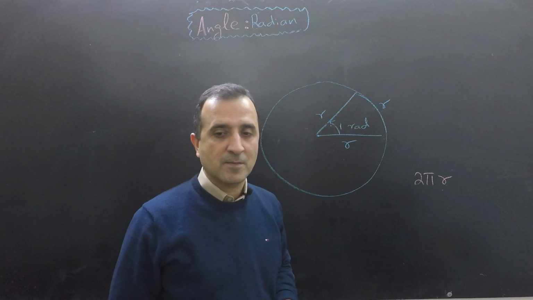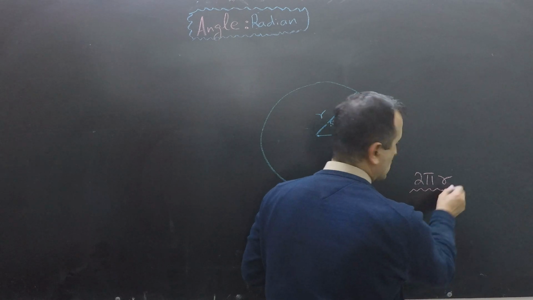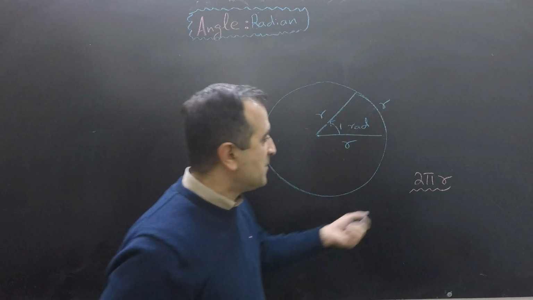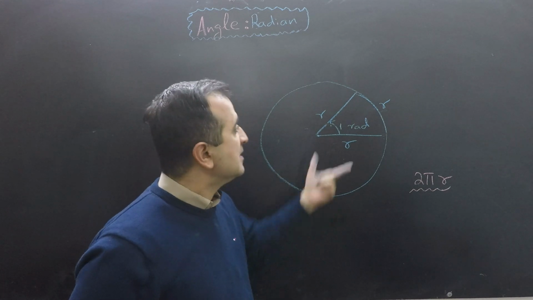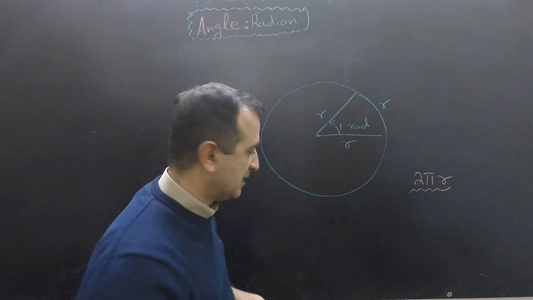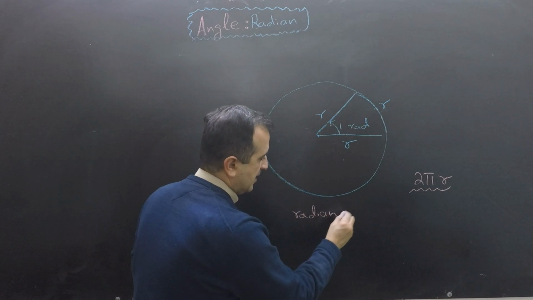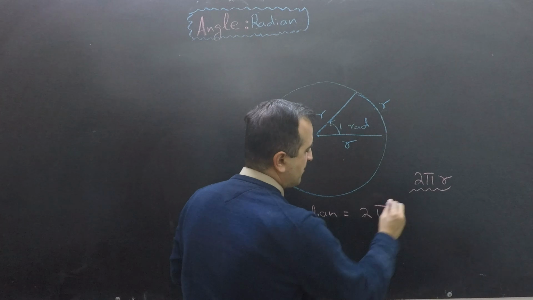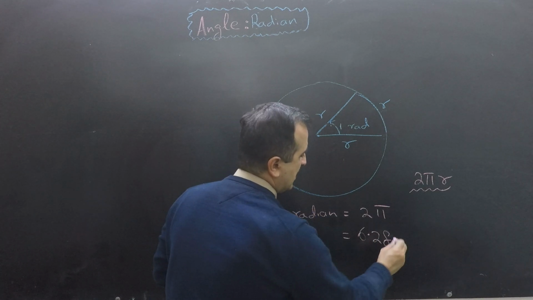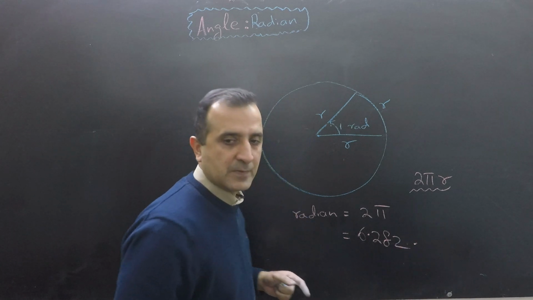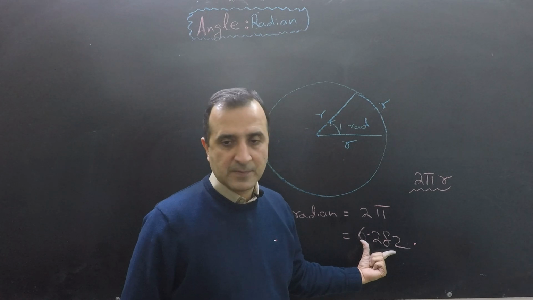2 multiplied by pi. Yes, 2 pi, because the circumference of the circle is 2 pi r, right? That means we can have r 2 pi times in the whole circle. So the number of radians the circle has is 2 pi, which is approximately equal to 6.28. That many radians we have in the circle.